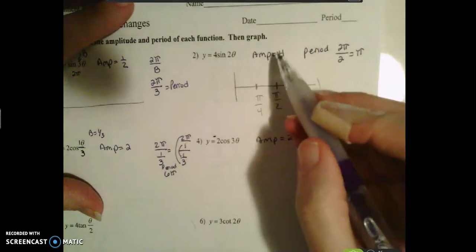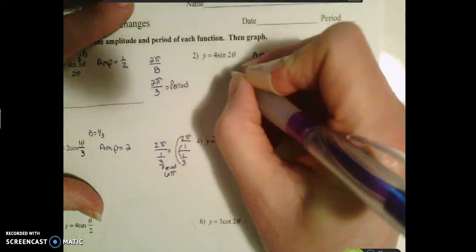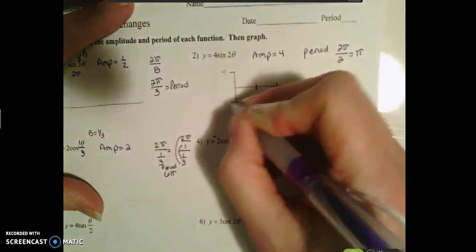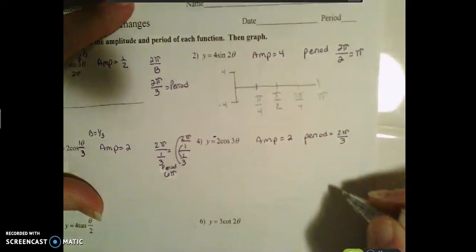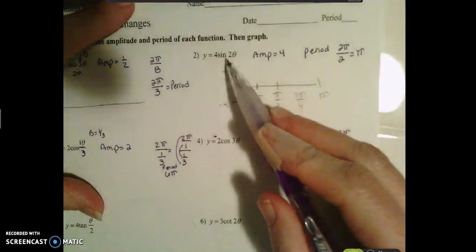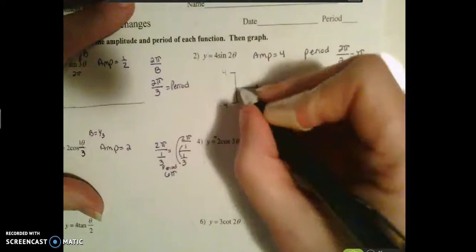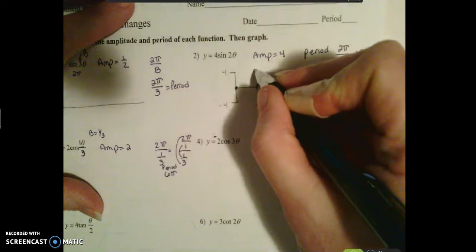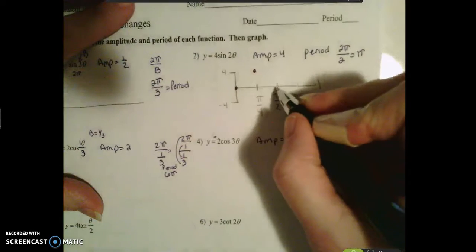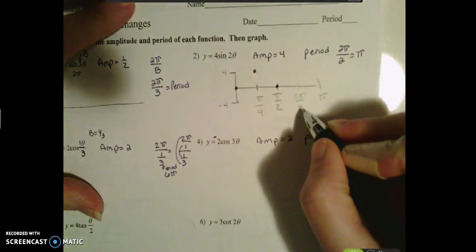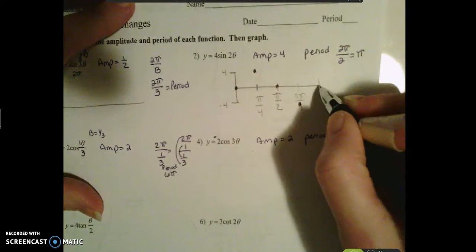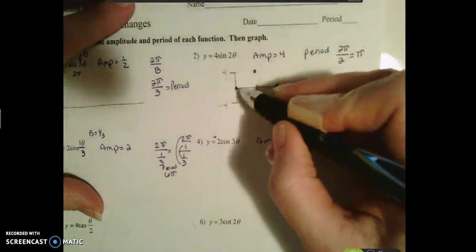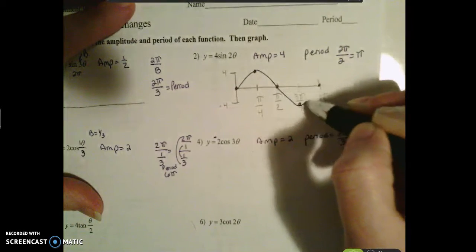My amplitude is 4, so that means that I'm going to have it going from 4 to -4. This is a sine curve, so sine starts at 0, goes up to 1, or in this case 4, back down to 0, back down to -4, and back down to 0. So there's my sine curve.